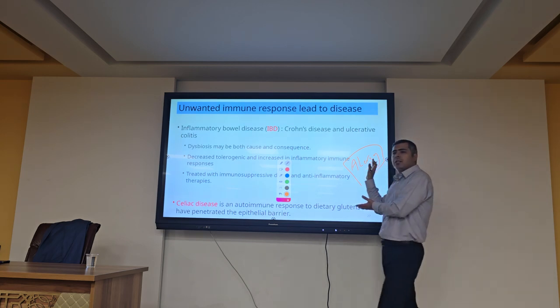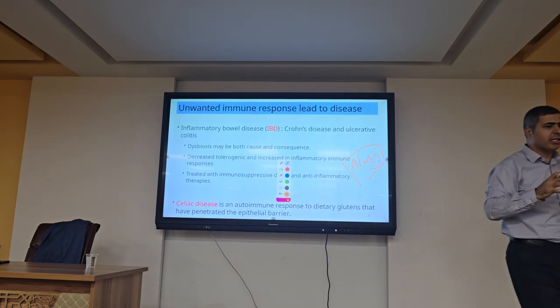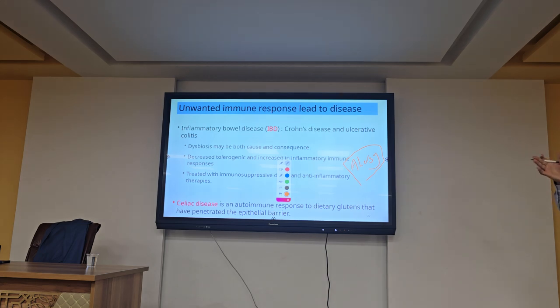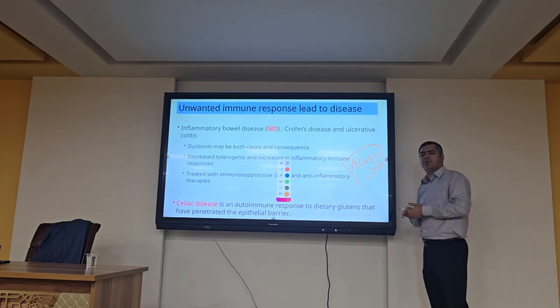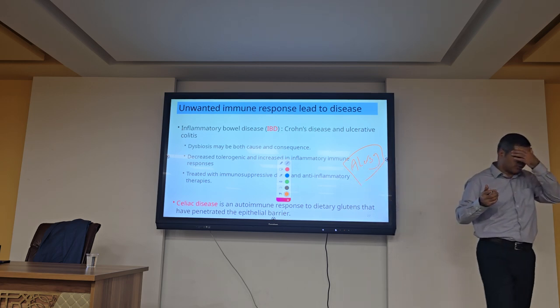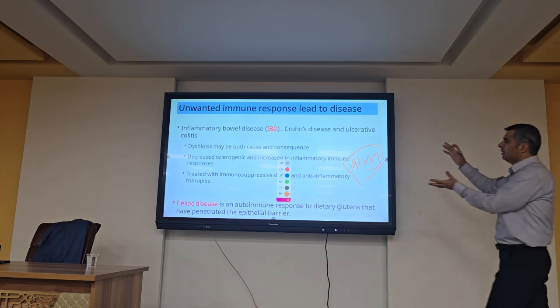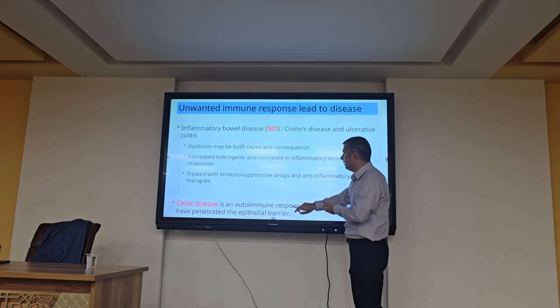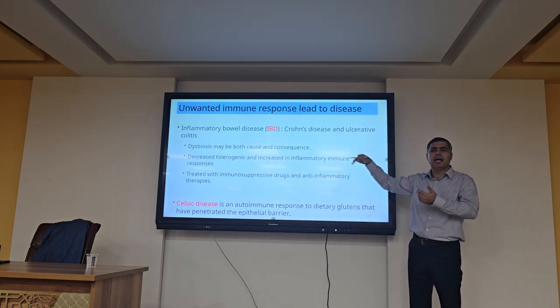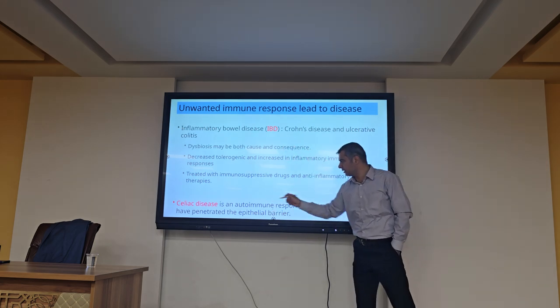Indeed, if the barrier immune system is not controlled, not in the homeostatic state, we will have an unwanted immune response against microorganisms. There is a problem in the discrimination between pathogenic and non-pathogenic. So in this patient, we have an unwanted immune response against normal flora or against food antigens.